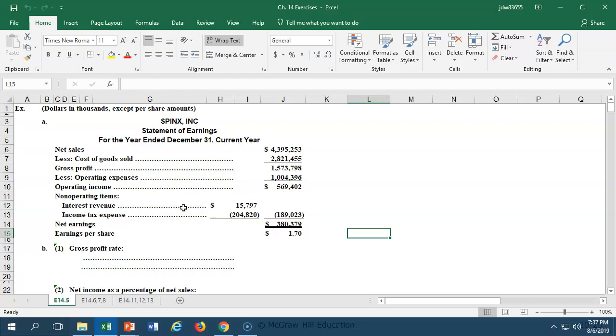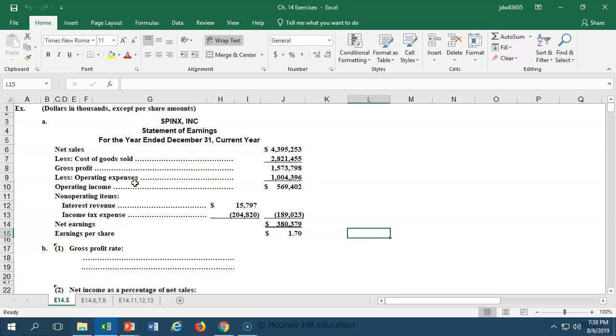We'll discuss the questions you're being asked to write the report on, and we'll see where the discussion leads. So first, the exercise, it's exercise 14.5.